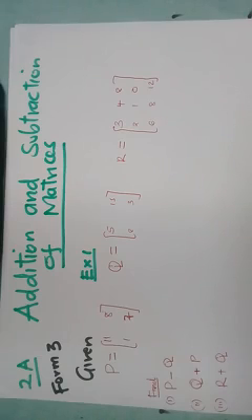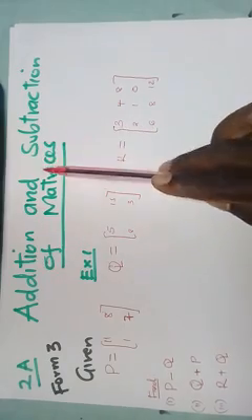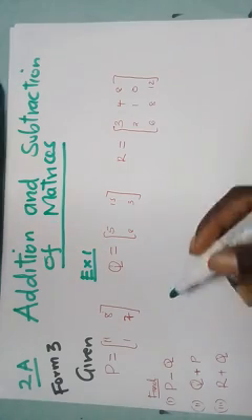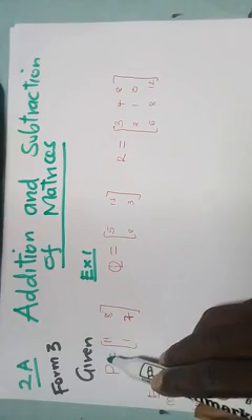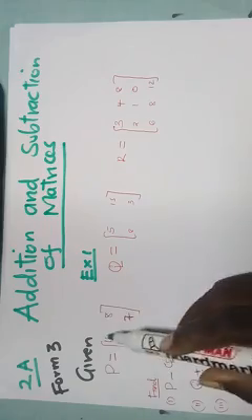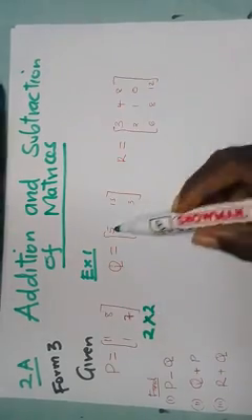Remember what we said in the previous lesson? We said that for us to add or subtract matrices, these matrices must be of the same order. Now students, let's look at the orders. How many rows? 1, 2. By how many columns? 1, 2. So this is a 2 by 2 matrix.